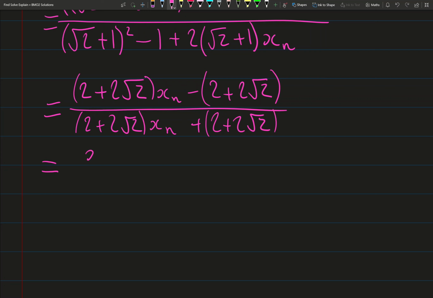From this we get that x_{n+2} equals (x_n minus 1) over (x_n plus 1). So now that we have this, which is much simpler than what we had before, I'm going to clear the whiteboard.